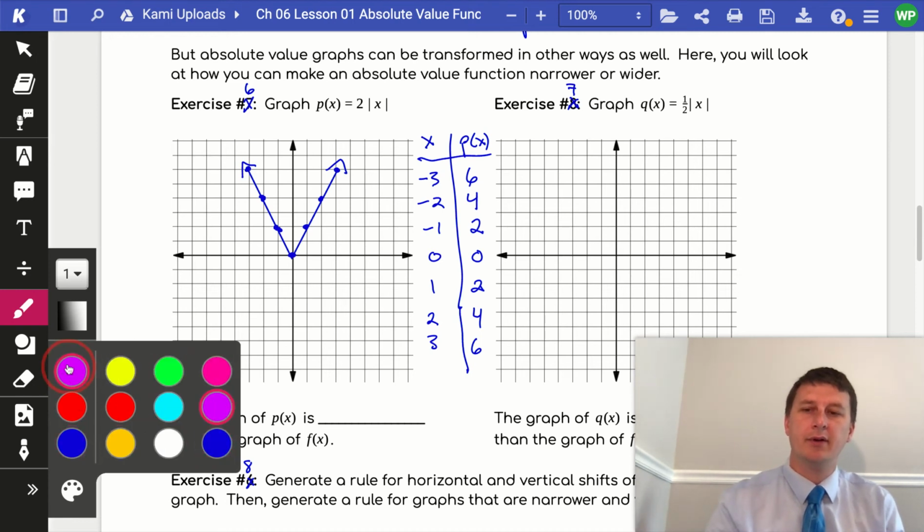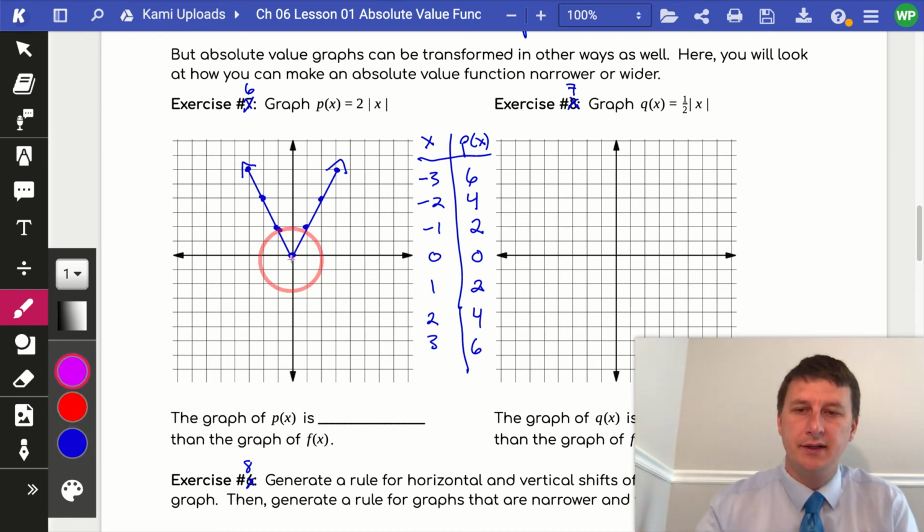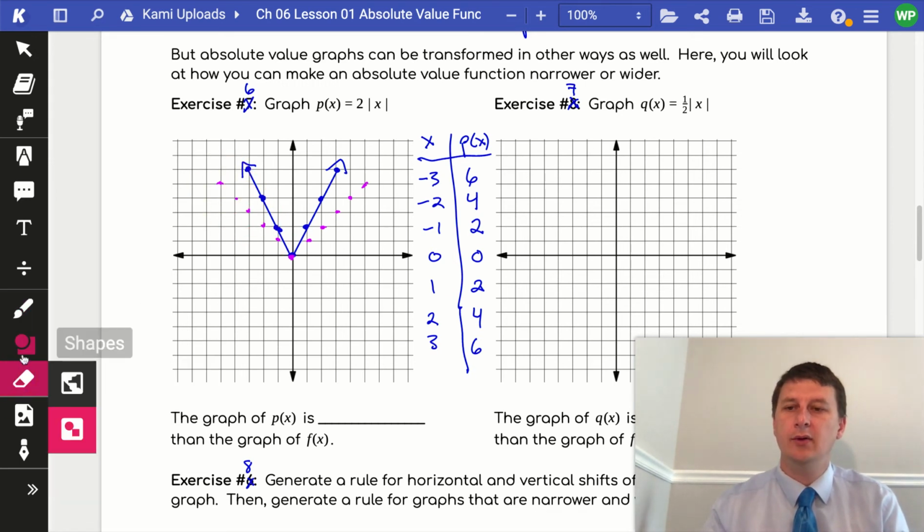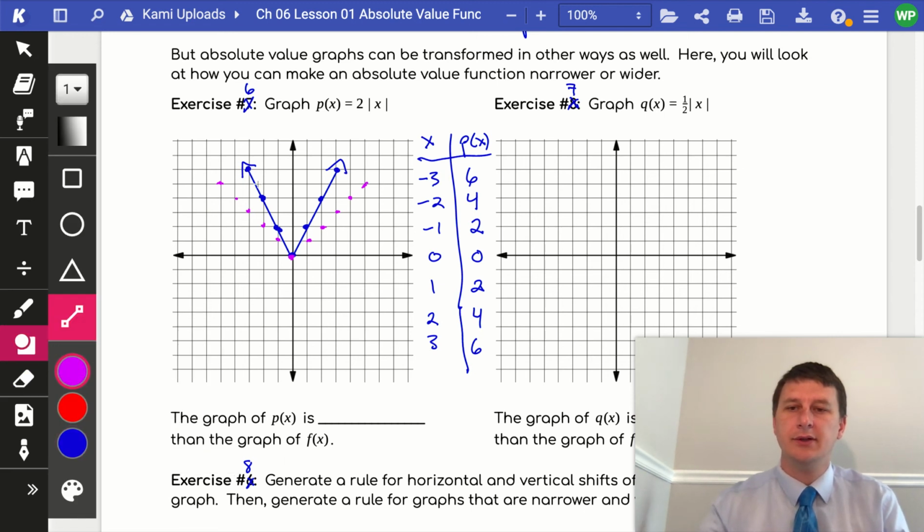And if we were to graph our parent function on this graph, and you don't need to do this, you could just take a look at this one. Our parent function looked like this right here. Now we want to notice how the function p of x is different from the parent function f of x right here.